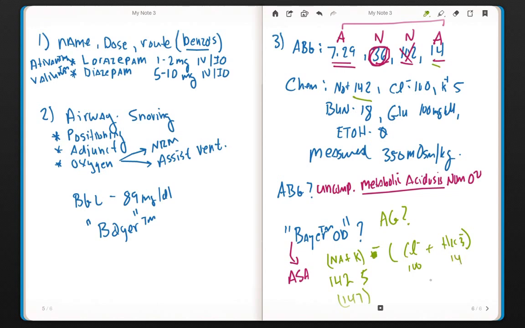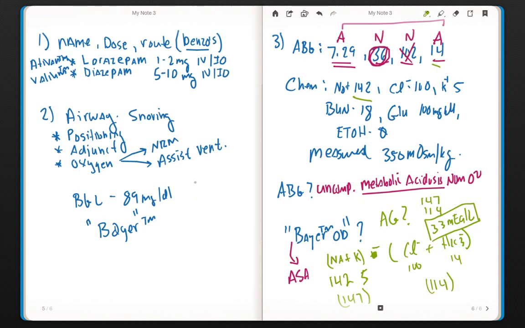So that gives me 114. 147 subtract 114. So that's 33. My anion gap is 33 milliequivalents per liter. That is clearly elevated. That is substantially elevated. So we have an elevated anion gap metabolic acidosis.